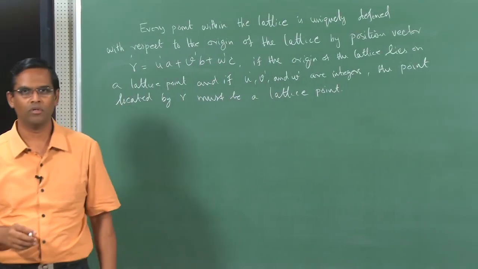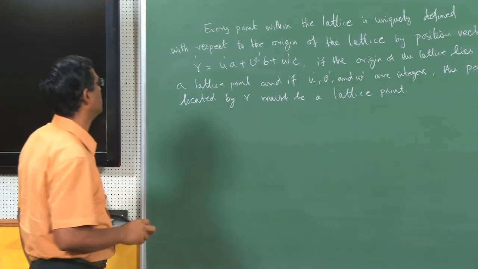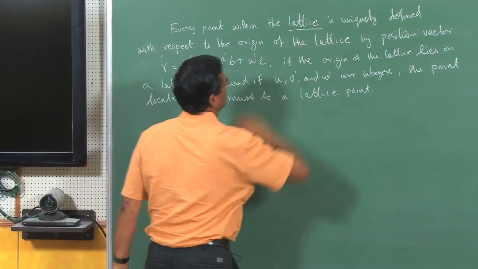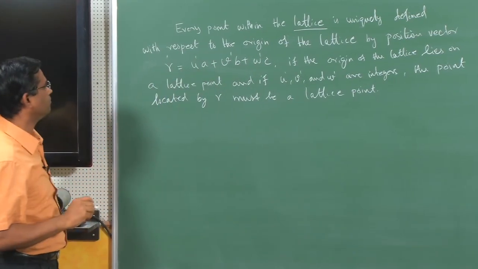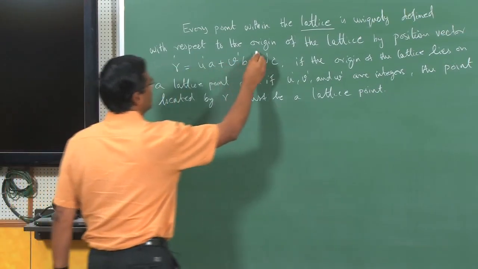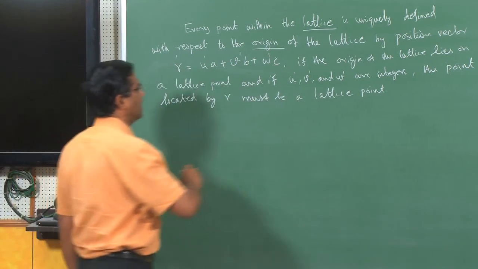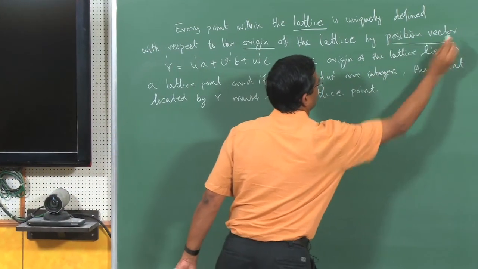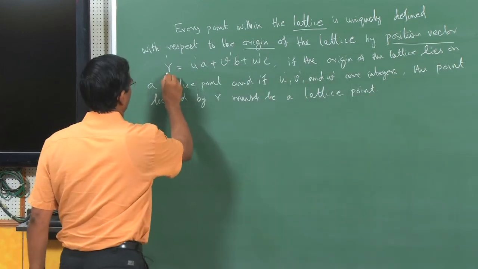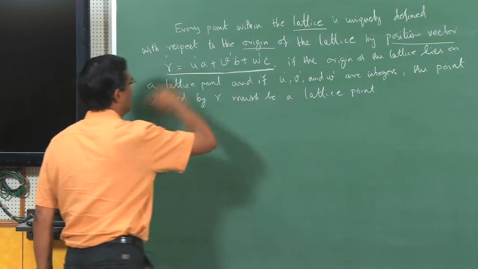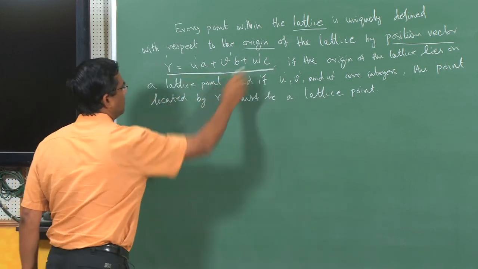First and foremost, you have to understand that every point within the lattice is uniquely defined with respect to the origin of the lattice by a position vector r equal to u' a plus v' b plus w' c.